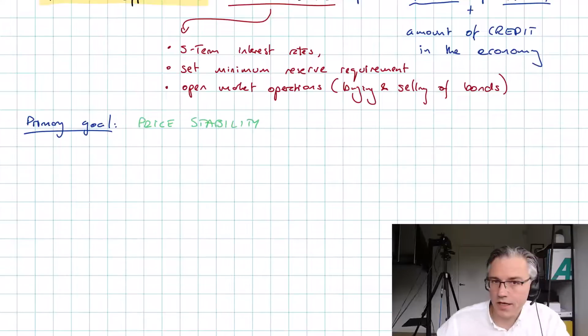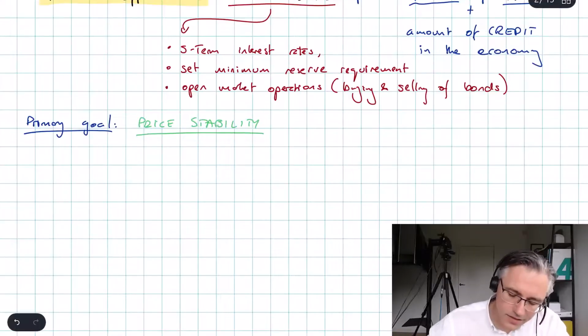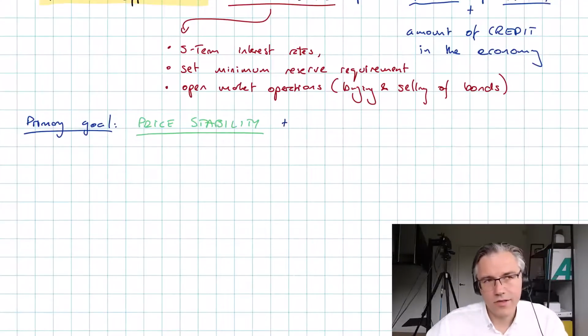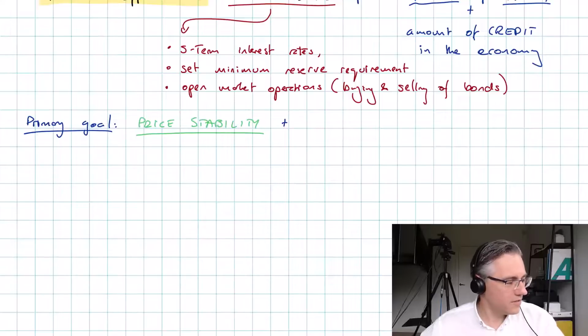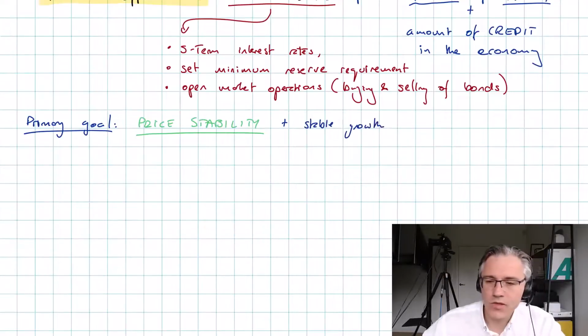We typically want a moderate amount of inflation to be in place. And typically central banks also have a secondary goal. The way this is officially worded is different country by country, but they typically also want to promote stable economic growth, sustainable, stable growth.